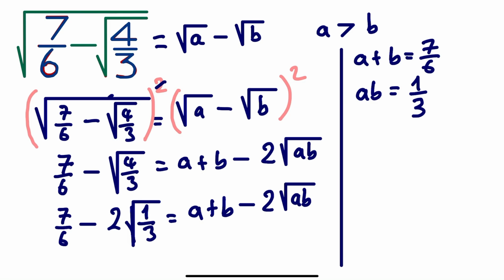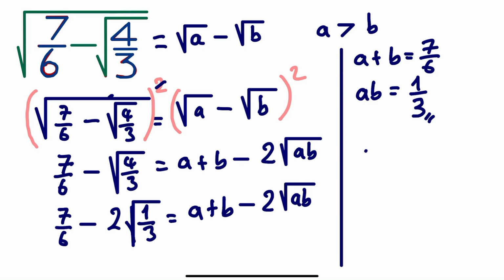So we think of two numbers that when we multiply them together give us 1/3, and when we add the two numbers together give us 7 over 6. So 3 here is a prime number.